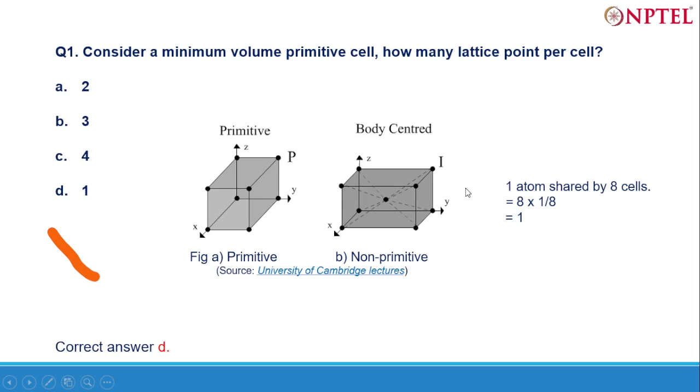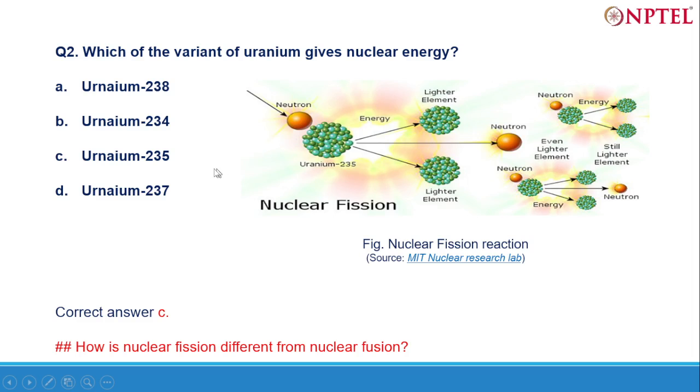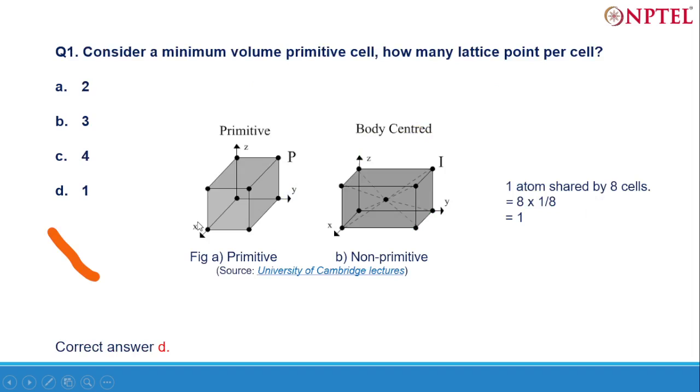If we see this cell, we have 8 atoms located at different corners of the cell. These atoms are actually shared by 8 different cells. One cell is here, one cell is behind. So this one atom is shared by 8 cells.